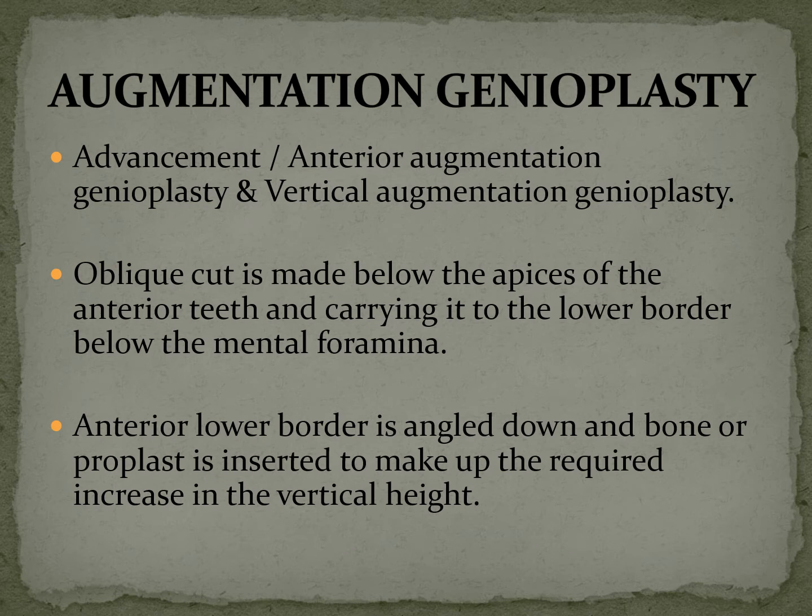So the anterior lower border is advanced and downward, and bone or alloplast is inserted to make up the remaining deficiency. First, what they will do, there will be a cut. After that, just slide it. So if suppose a patient has a retrognathic mandible, at that time, the augmentation procedures like advancement we are doing.